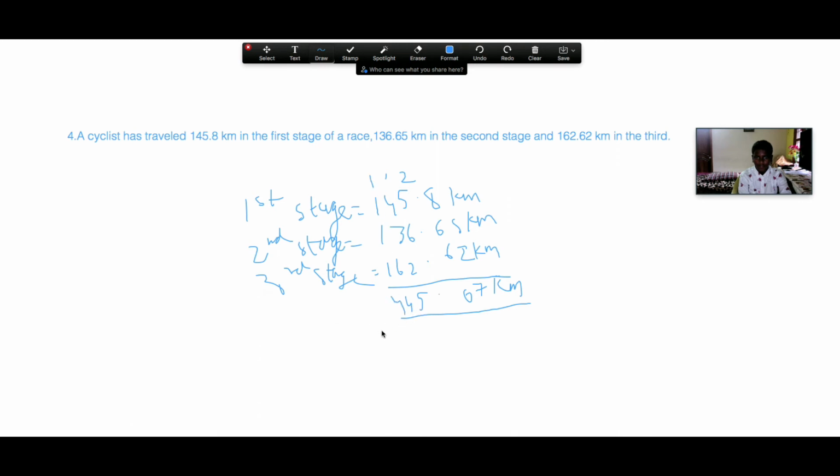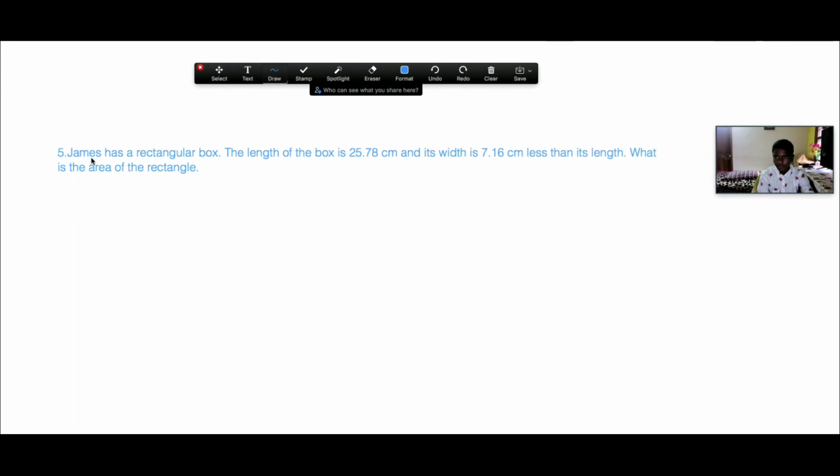So therefore the total of these stages is 445.07 kilometers.